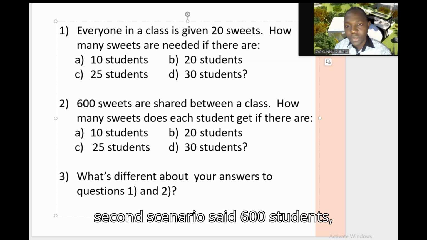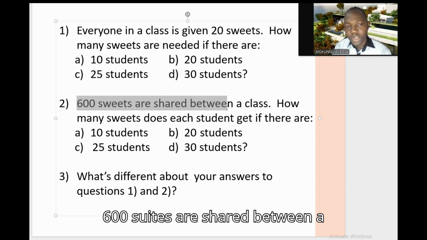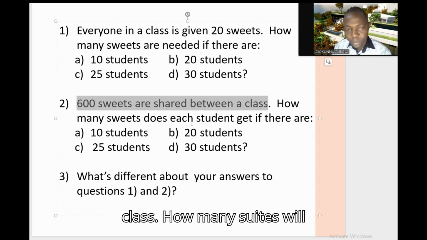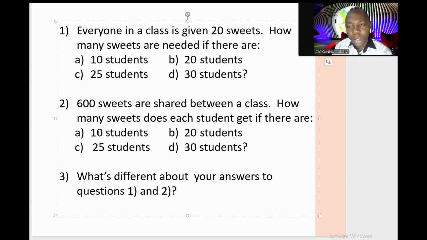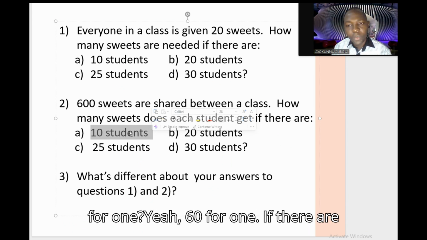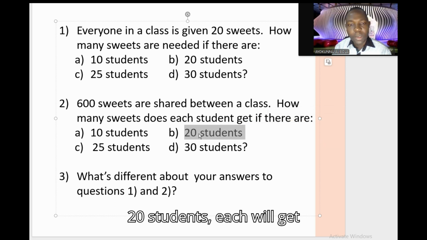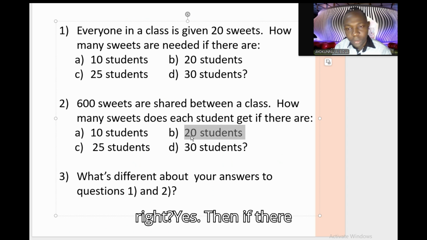The second scenario says 600 sweets are shared between a class. How many sweets will each student get if there are 10 students? 60, because the 600 is shared between the class. If there are 20 students, each will get 30 sweets.